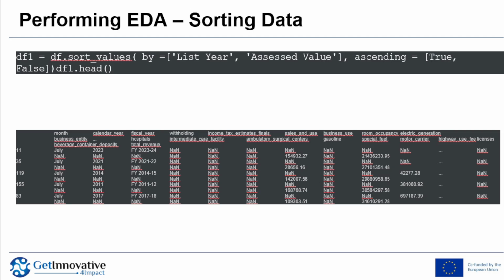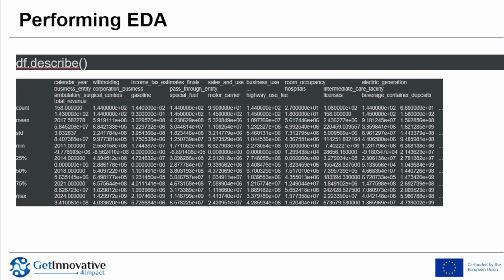In order to sort the data in EDA, we would type the command df equals df.sort_values, and we would type all the values that would be required. If we want the exact values and the corresponding values, we have to mention that also. So in order to perform the EDA analysis, we would type the command df.describe.